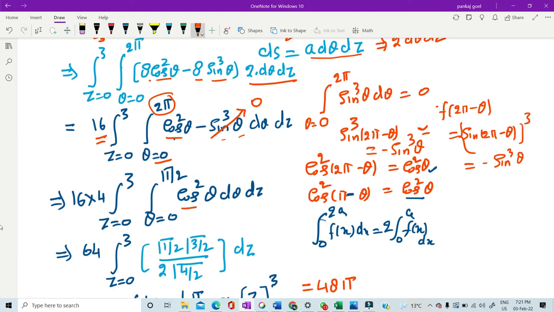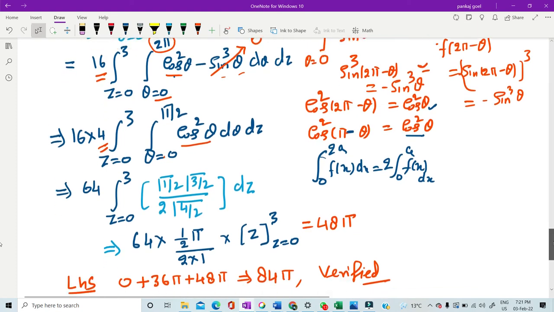We get only cos square theta, and apply this formula, the integral from 0 to 2a of f(x) dx, 2 times. We get 2 into 2, which is 4, and the limit 0 to pi by 2. Apply the formula for 0 to pi by 2. What is the formula for 0 to pi by 2?